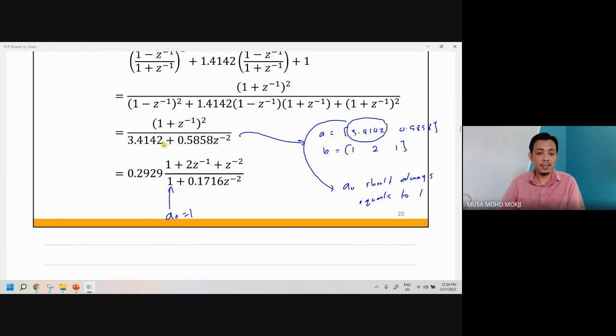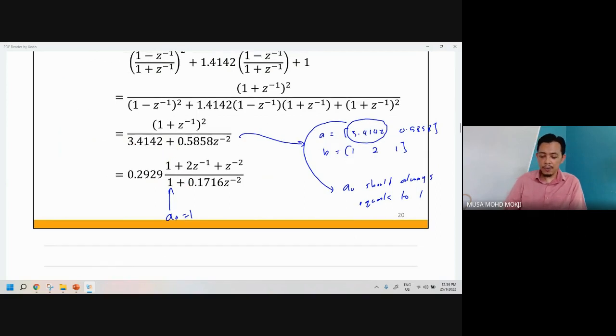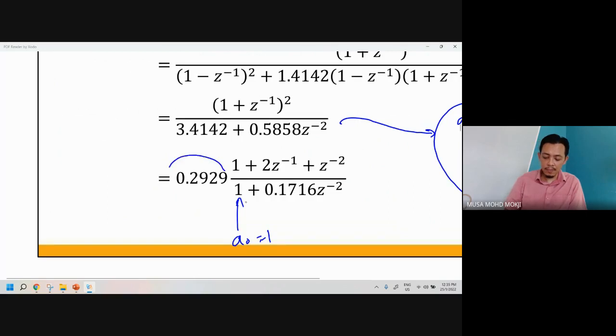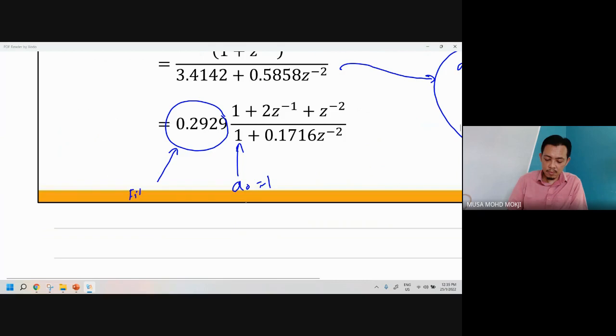So we just factorize it and we get this one. In filter design, this actually has a name: we call it the filter gain, 0.2929.